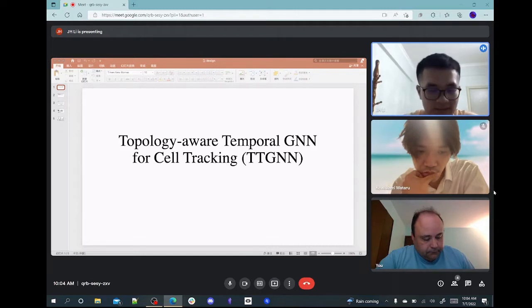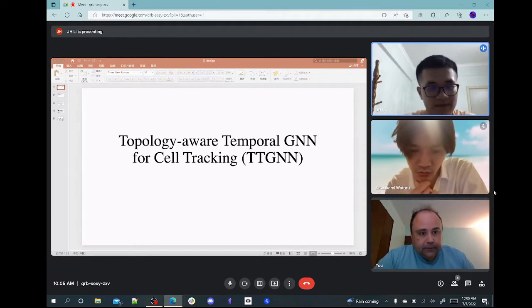And the globally tracking method is to combine combinatorial algorithms with graph modeling. That means they would model cells as nodes and connections between cells across successive frames as edges. And there are some deep learning methods.